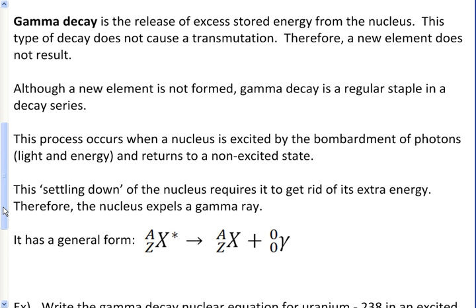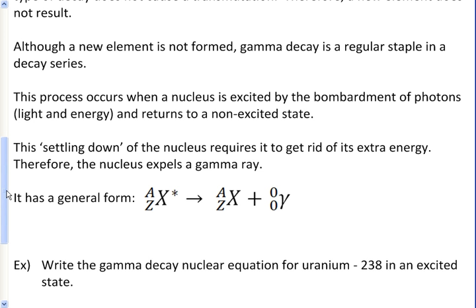Now although a new element is not formed, gamma decay is a regular staple in a decay series. A decay series will usually show the gamma decay, but you will see that there's no change in the actual element after gamma decay. Now this process occurs when a nucleus is excited by the bombardment of photons, which is just light and energy, and returns to a non-excited state.